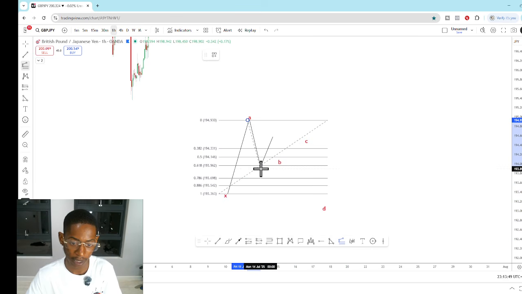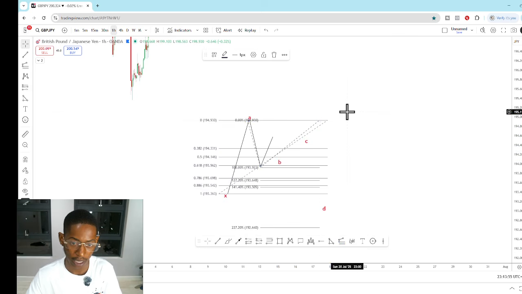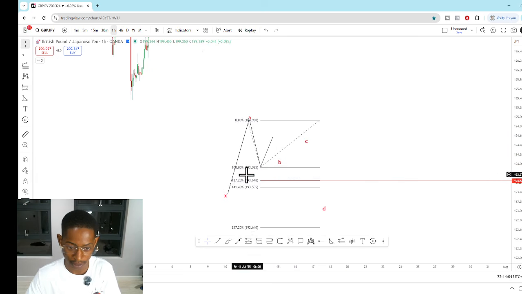Take it from there, bring it to B, from A to B, from B back to A. And then on the 127, you can see the 127 level right here. You can delete this. Here's the 127. This is where our D is going to be right here. So to draw this pattern out, it's going to be more like this.